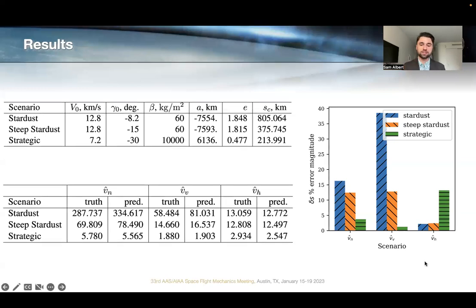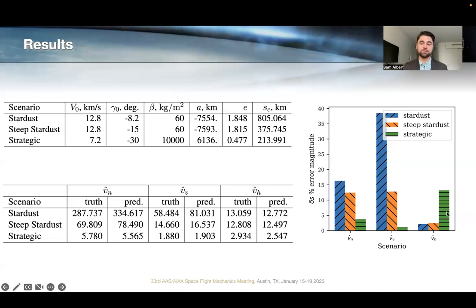And as a result, we see what we'd expect, which is Stardust consistently is the worst and strategic is consistently the best, because the steep flight path angle and high ballistic coefficient of the strategic example are a much better fit for the Allen-Eggers approximations than something like Stardust, which is relatively shallow and a low ballistic coefficient. And so you can see that the percent error gets close to 40% for Stardust, but for strategic, it's below 5% in both cases.